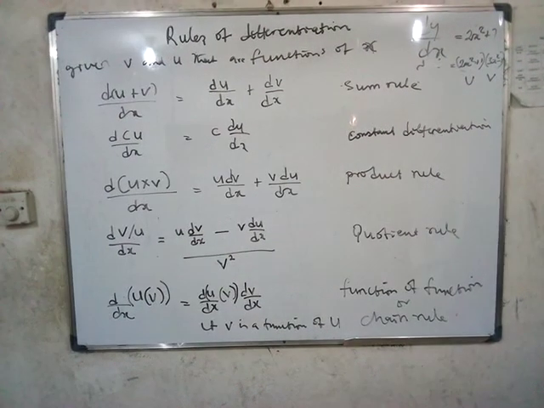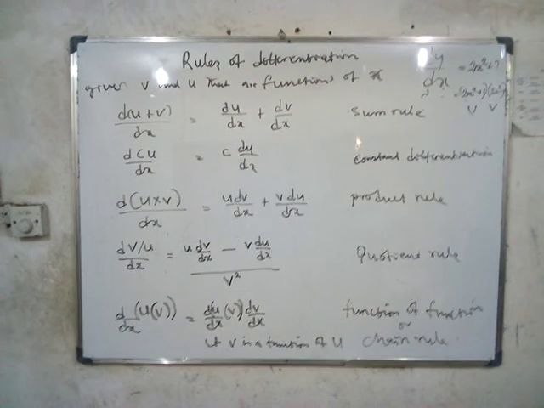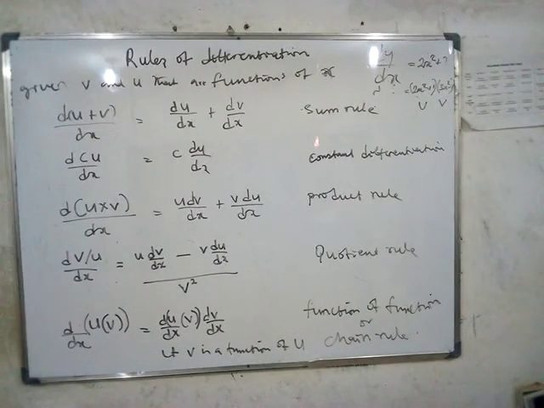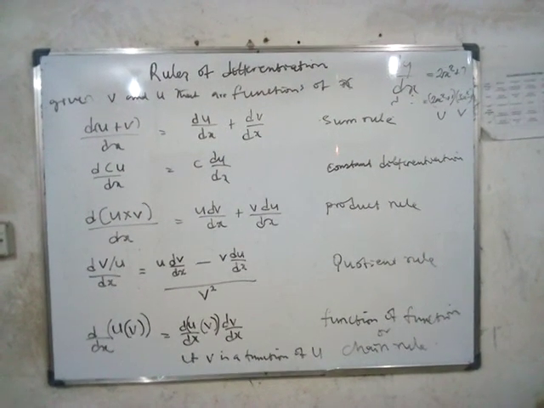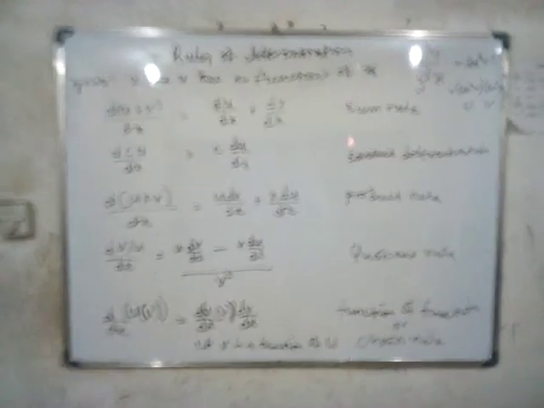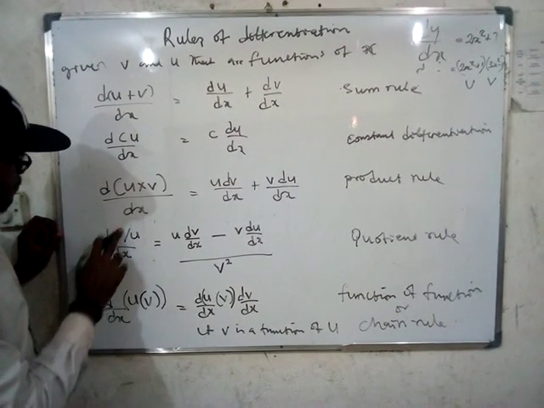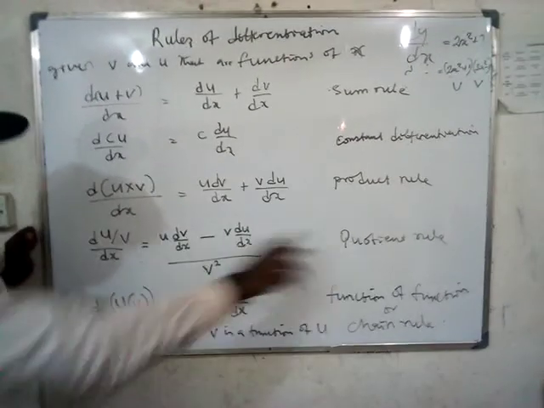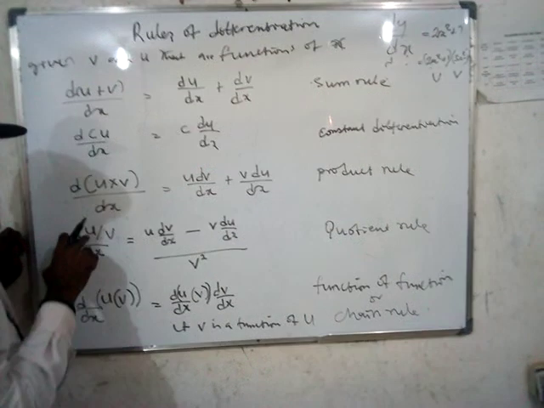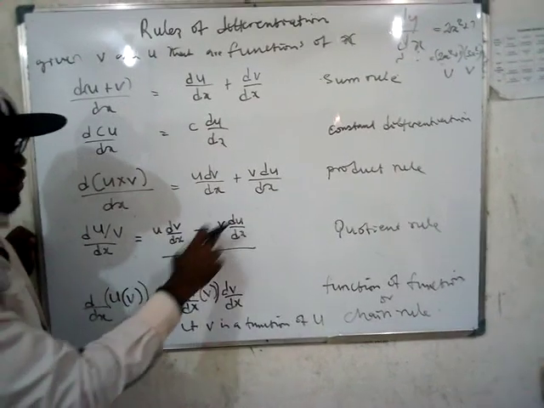Very, very important. You need to know this. The rules are very, very important. Please, this is u over v. So the quotient rule simply says that differentiation of the first function over the second function is the second function times the differential of the first function, minus the first function times the differential of the second function, all over the second function squared.